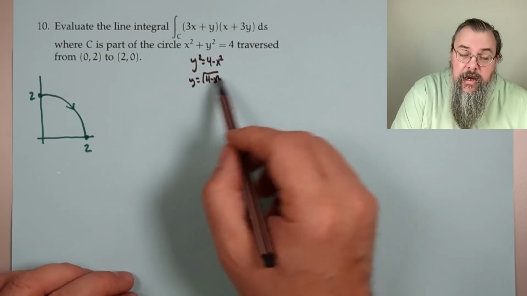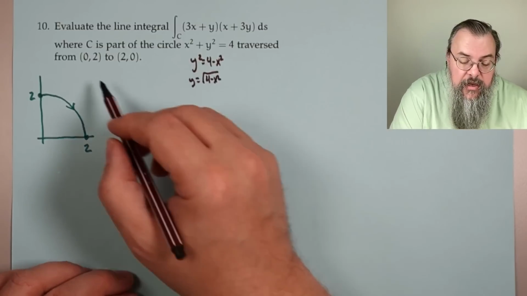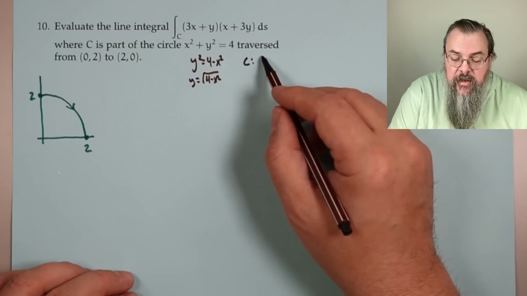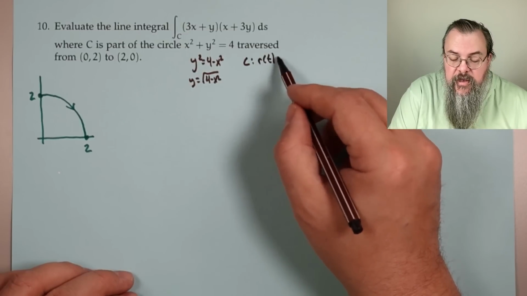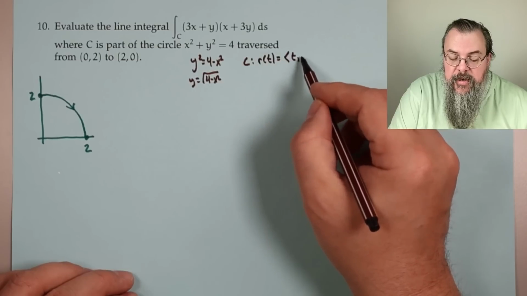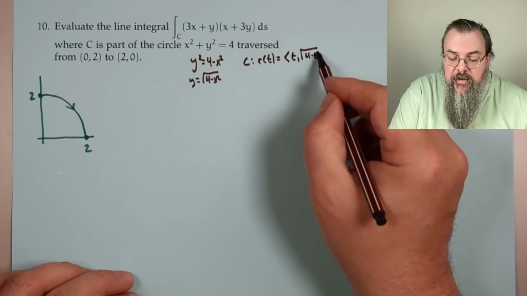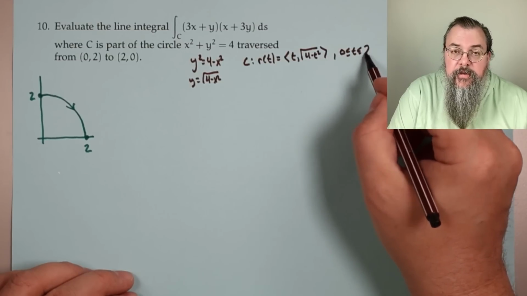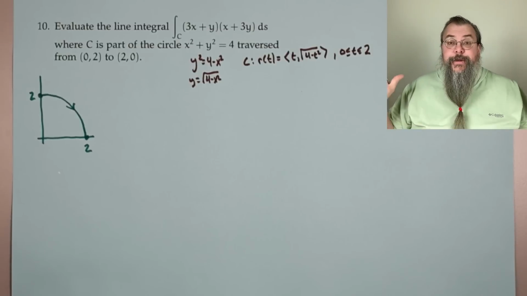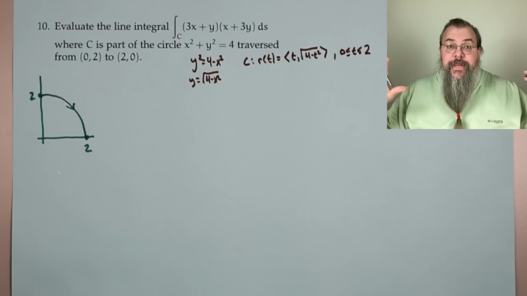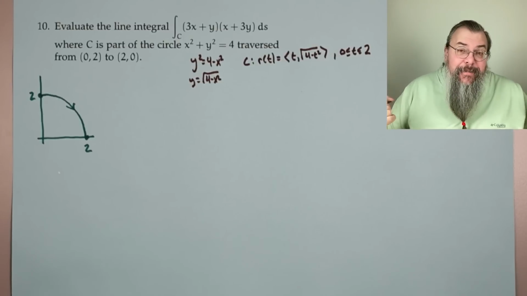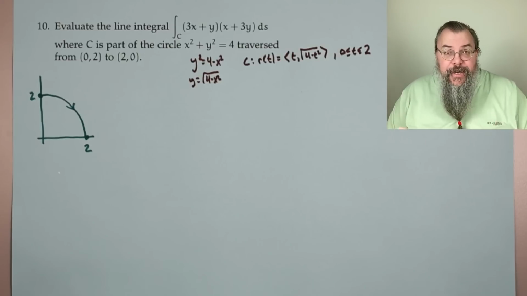Then I can say C looks like the curve r of t, which is t comma square root of 4 minus t squared, where 0 is less than or equal to t less than or equal to 2. Does that work? Absolutely. Will that be the cleanest one you could do? Probably not, but it will work.